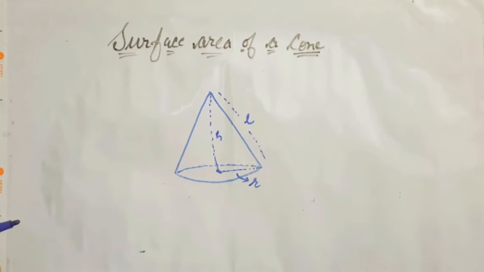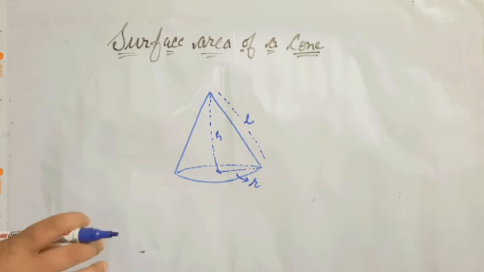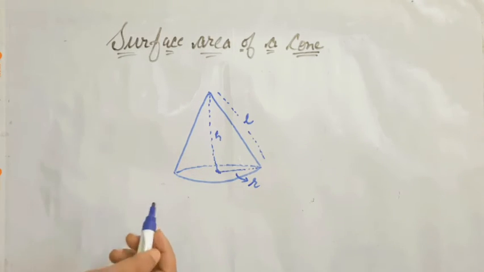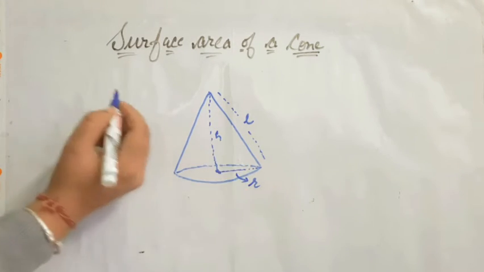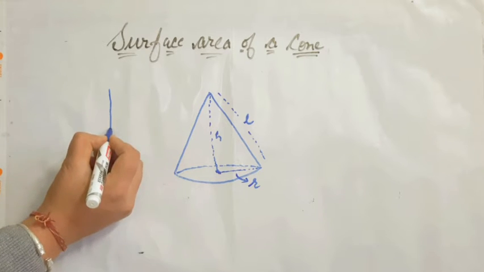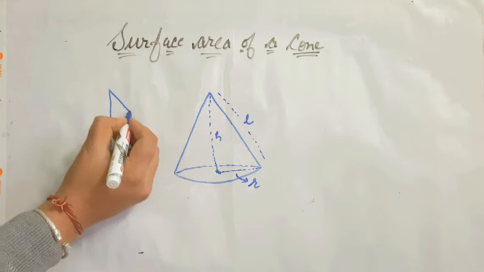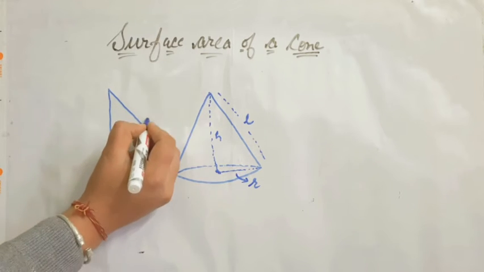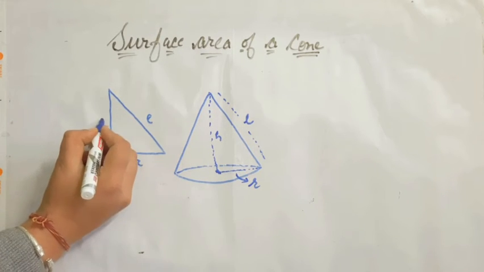Before going to the surface area, let me relate these three things. If you observe properly, they form a right-angled triangle. What is the relation between radius, slant height and height?